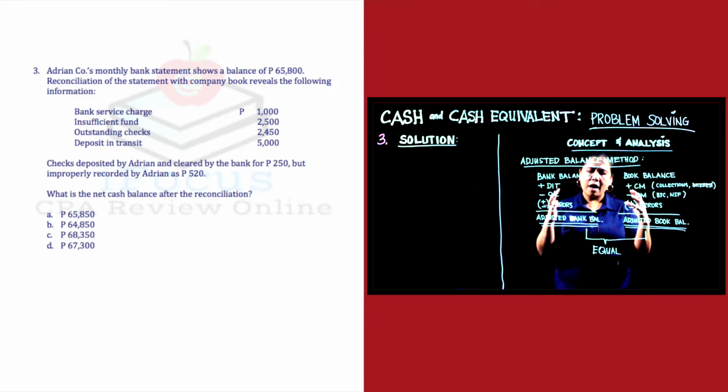So, lahat ng ina-add ni bank sa account ni company, yan po ay nasa credit memo natin. Alright? Lahat din naman po ng mga dinideduct ng bangko sa account ni company, yan po ang mga debit memos natin. Alright? Like, for example, the bank service charge, NSF checks. So, dinideduct yan ng bangko.